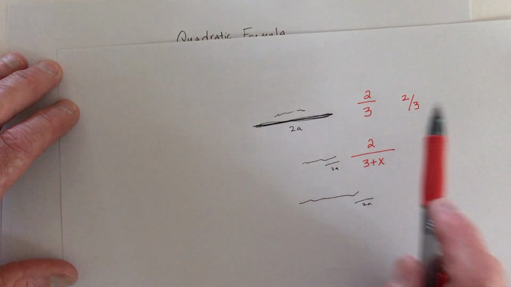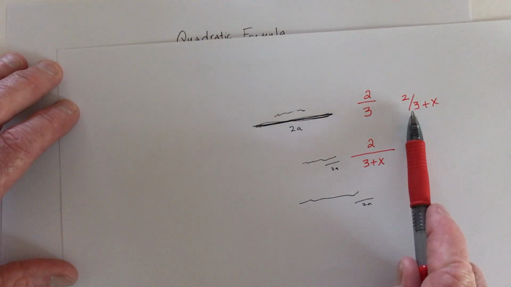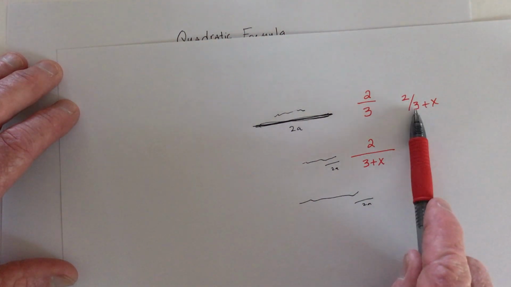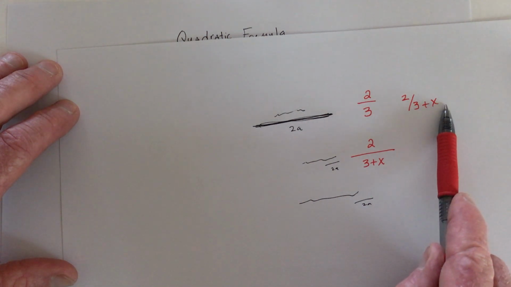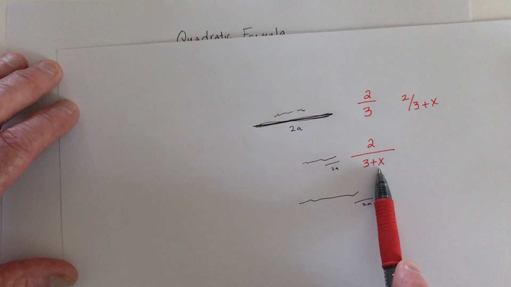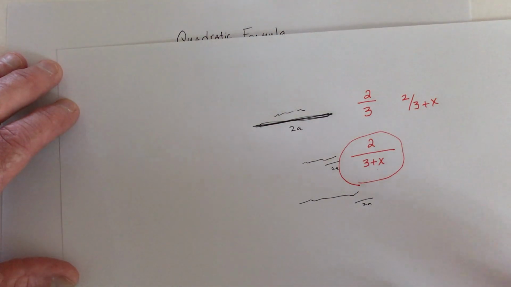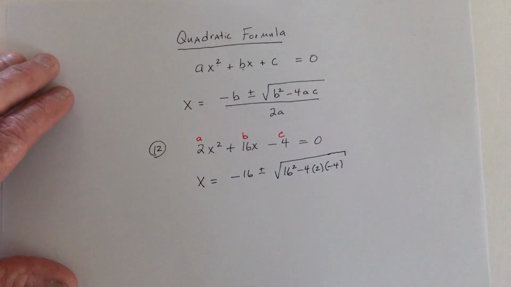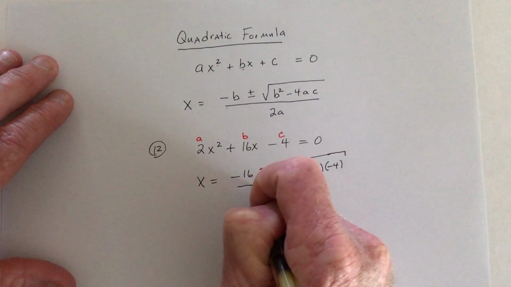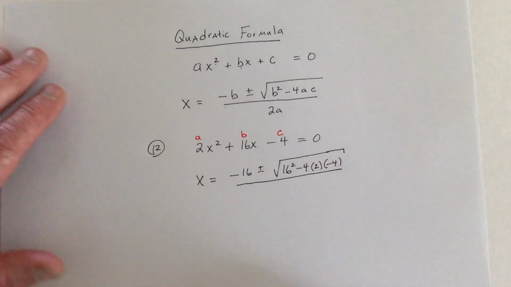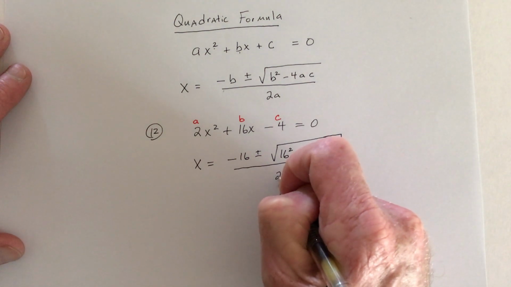But what if I wrote it this way and I go 3 plus x? When you write it this way, does that mean 2 is divided by 3 and then a while later the x is added, or is the x supposed to be in the bottom? So this is better. That's my fraction speech. Now make a big old fraction and say divided by 2a.